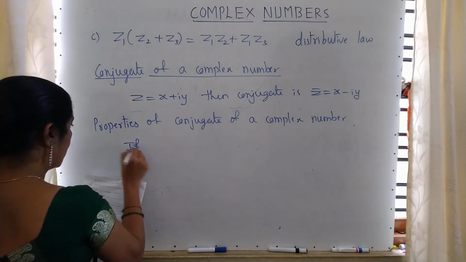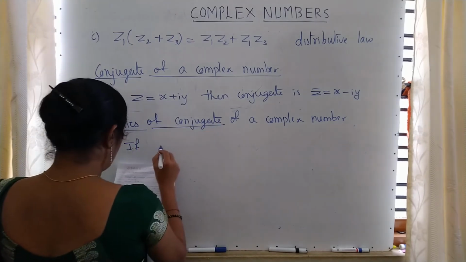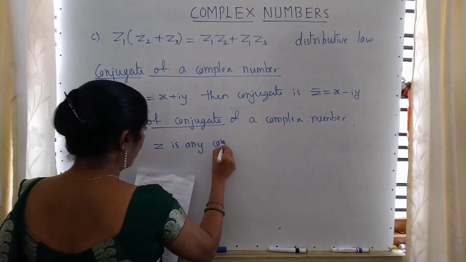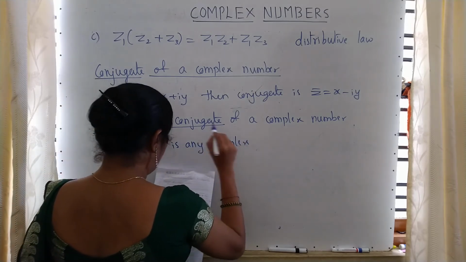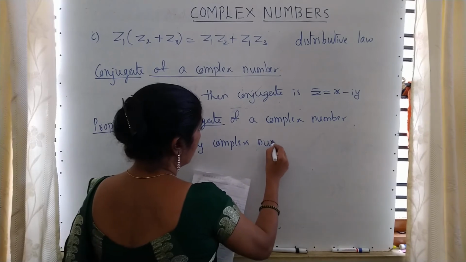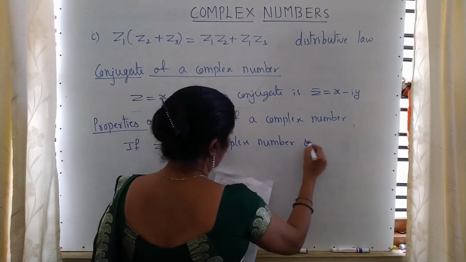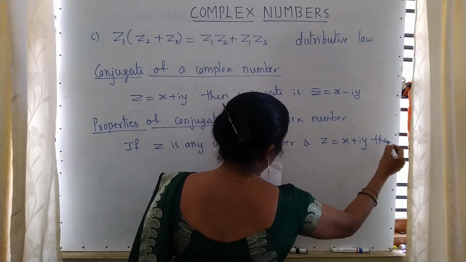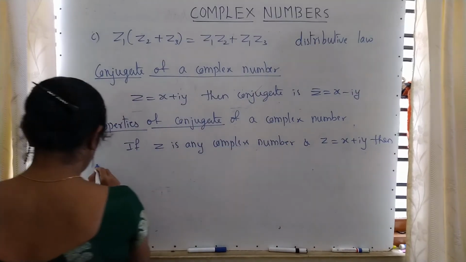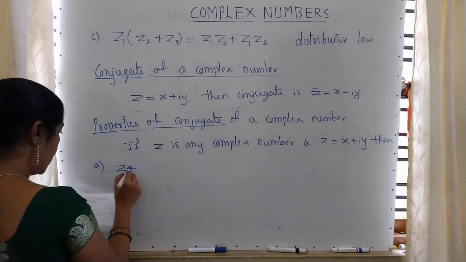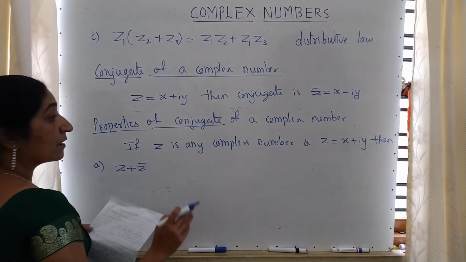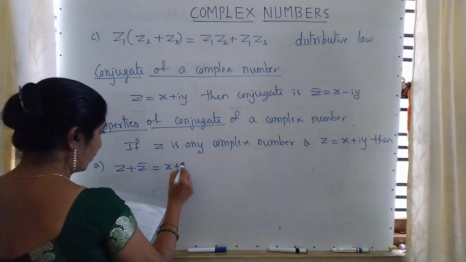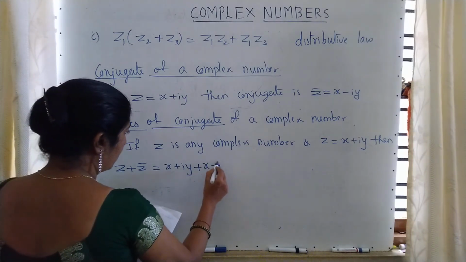If z is any complex number and z is equal to x plus iy, then first one, z plus z bar, adding a complex number and its conjugate. For example, I am showing you x plus iy and x minus iy.